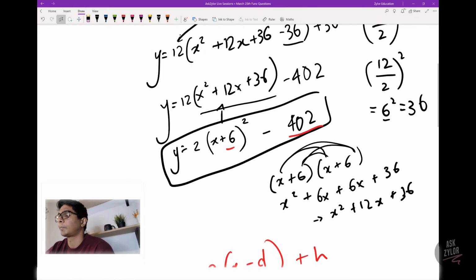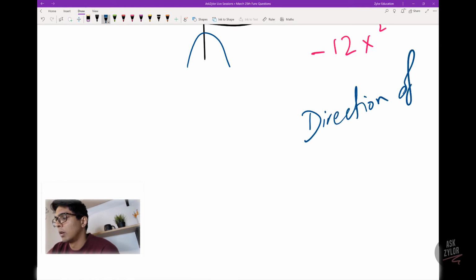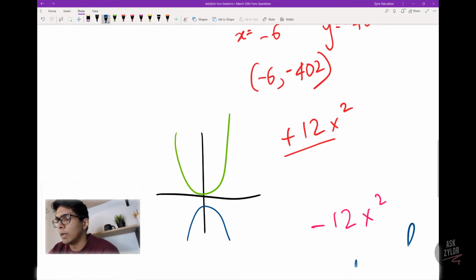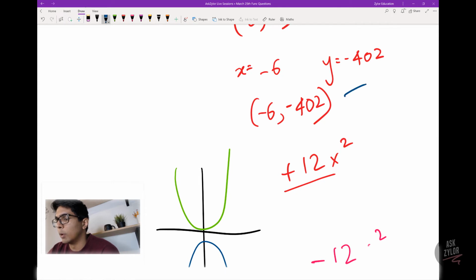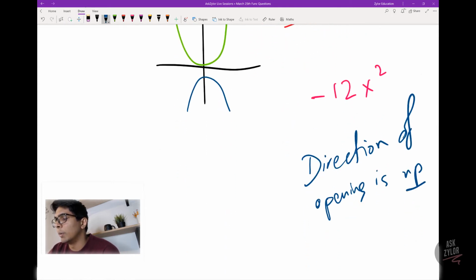So my direction of opening is up. And I've answered the question. I found my vertex, (-6, -402), and the direction of opening is up.